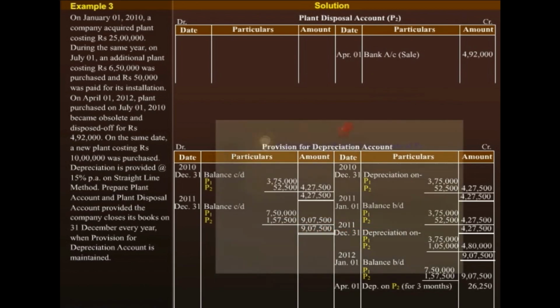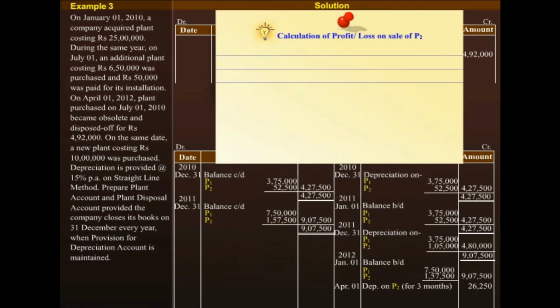Next, we move on to compute the profit or loss on sale. We know that the value of P2 as on July 1st, 2010 is 7 lakhs. Now let's calculate the total depreciation charged on P2 till date.